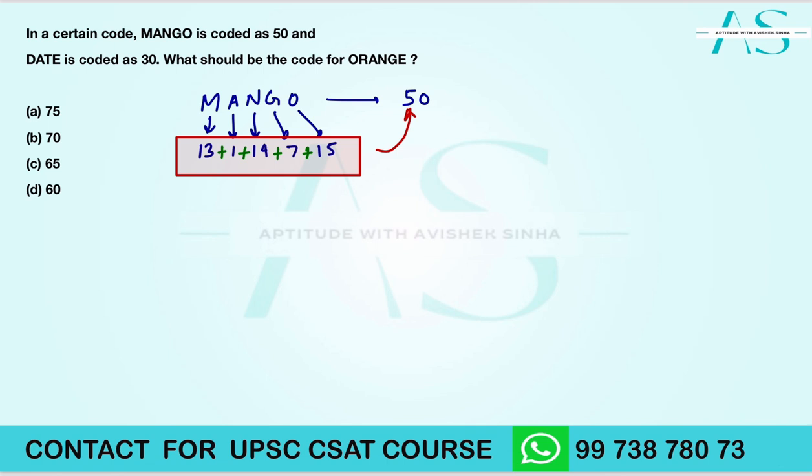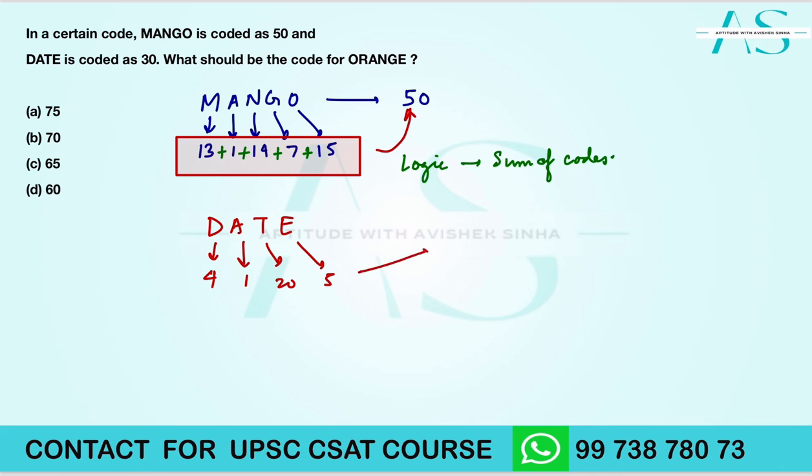Now we know that the logic is actually the sum of their number codes. Let's check for DATE. D is at 4, A is at 1, T is at 20, E is at 5. If I add all of them, what is the sum? 4 plus 1 is 5, 25 and 5, which is 30. That is our code.